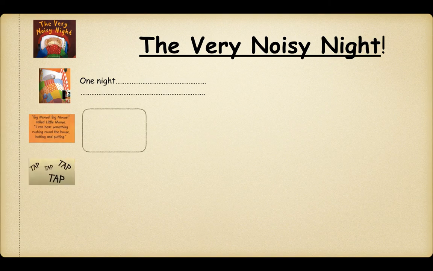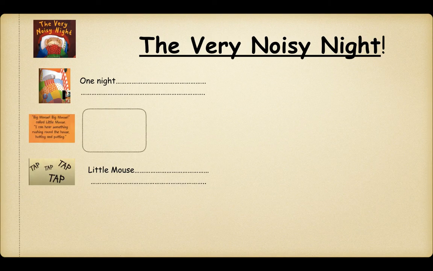Your next task, tap, tap, tap. What could Little Mouse hear? What was making the tap, tap, tap sound? I've once again started the sentence for you. Little Mouse could hear the sound of, and do you remember what was making the tap, tap, tap sound?